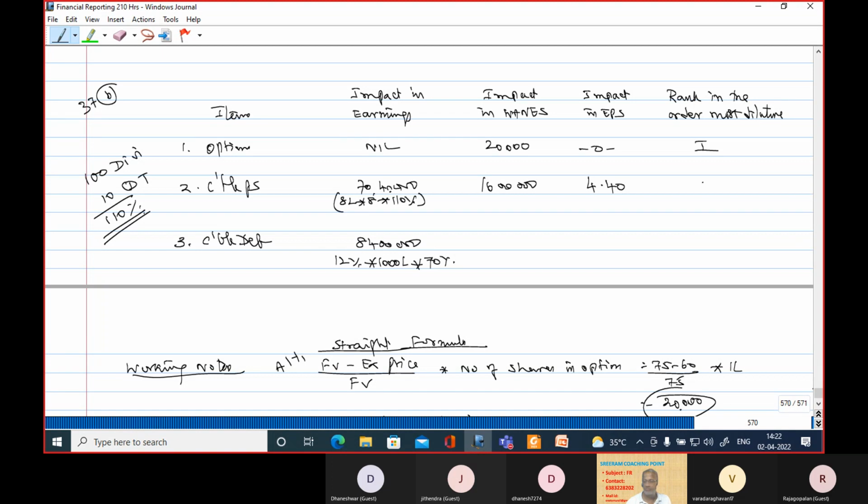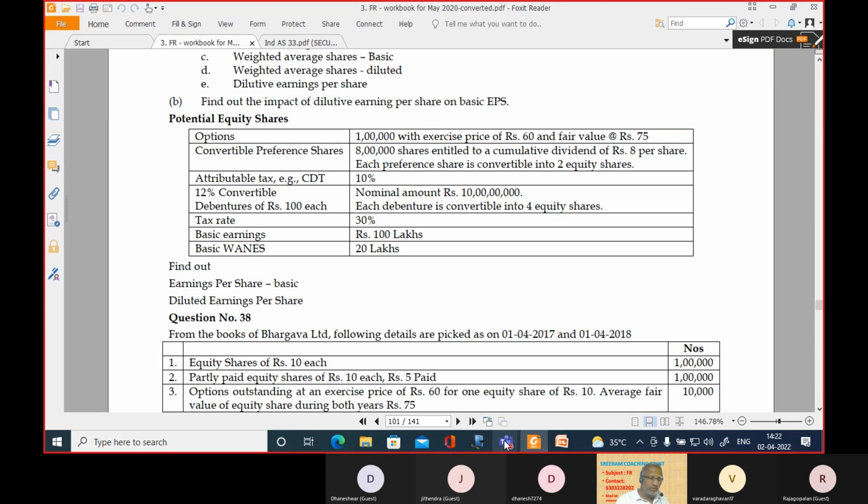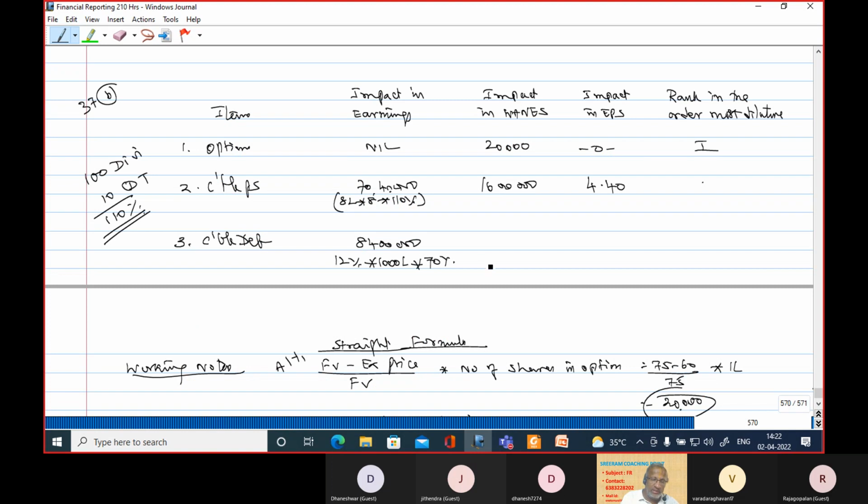So convertible debentures is each debenture 4 equity shares and each debenture 100. So in 1000 lakhs divided by 100 into 1 for every 4.